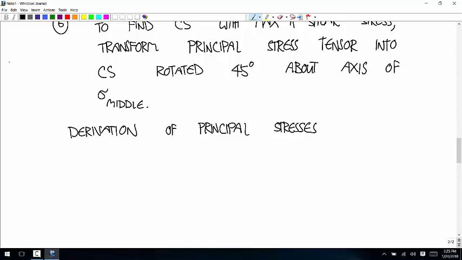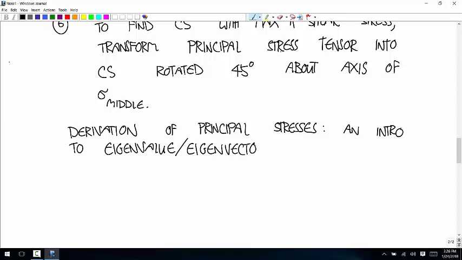And these are going to come up all the time in classes, pretty much starting now. You'll see it in your next class and the class after and whatever. So this is an introduction to eigenvalue eigenvector problems.